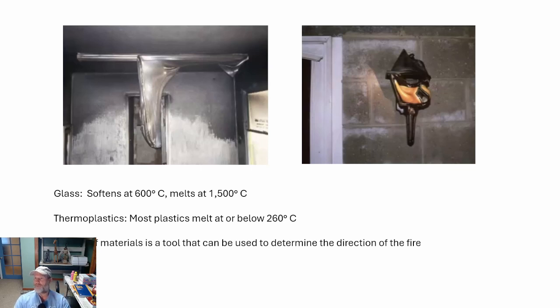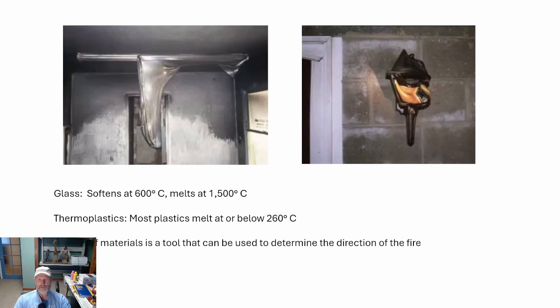Observing the behavior of these materials suggests it had a higher heat flux from the right side. It wasn't likely smoke temperatures in that case. It wasn't an upper layer of smoke that created convective heat transfer. It was more likely strictly radiative heat transfer into that light. And you can use these as tools in identifying the location of greater intensity, where the fire may have been hotter than other locations.